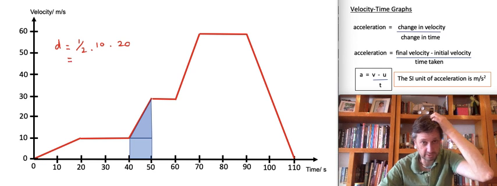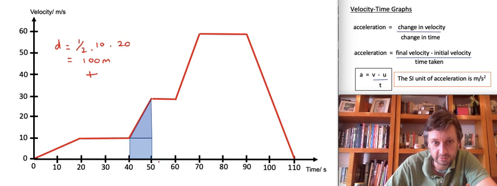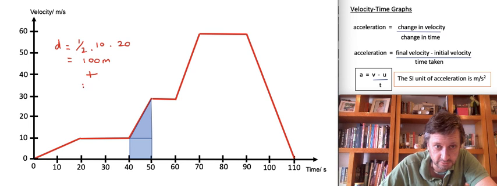Half times 10 times 20 is 5 times 20, which is 100 meters. That represents the triangle only. And then I need to add on the area of the square, which is going to be 10 seconds multiplied by 10 meters per second, another 100 meters. So therefore, the total distance travelled in this section is 100 plus 100 meters, which equals 200 meters.